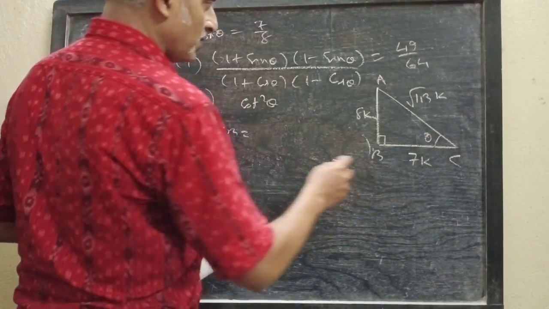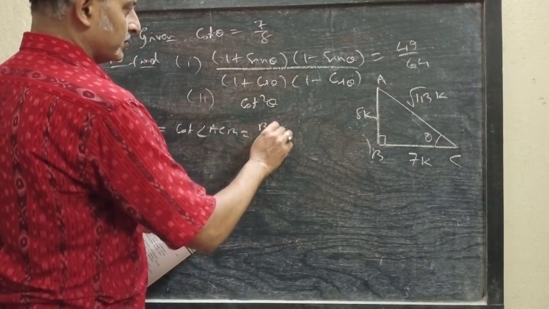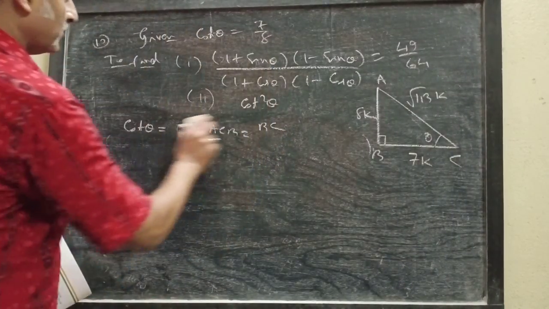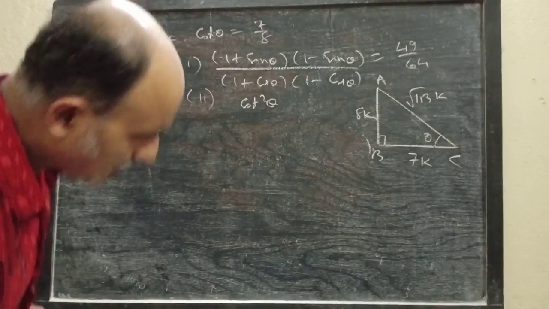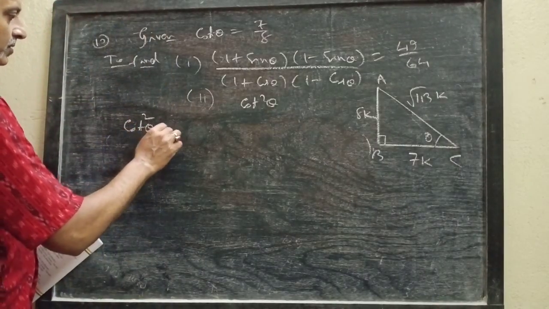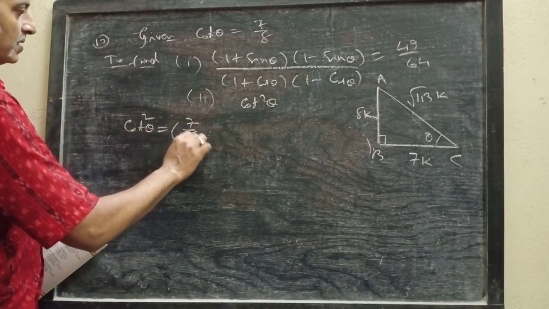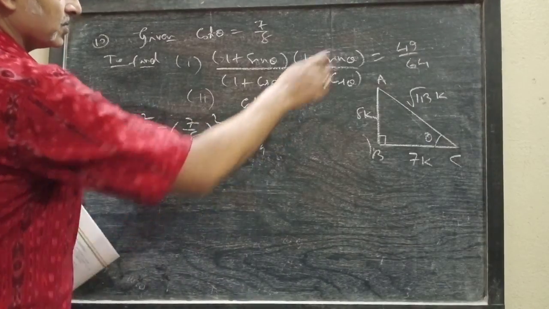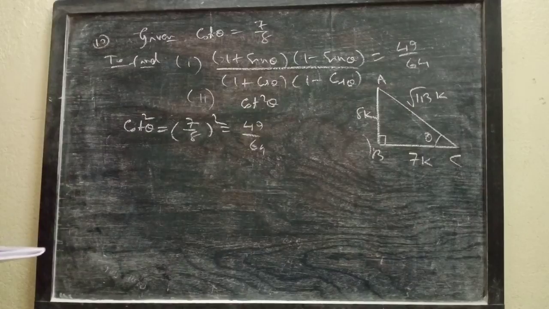Cotangent of this angle will be BC by AB. So this is given. Cot theta is given, so we can write directly cot square theta will be 7 by 8 whole square, that is 49 by 64. So these two values are same.